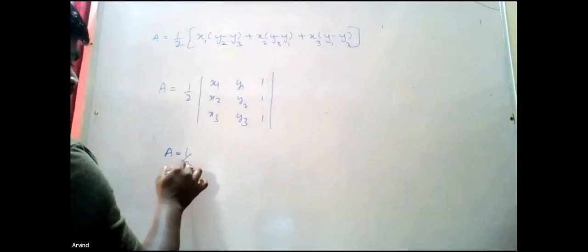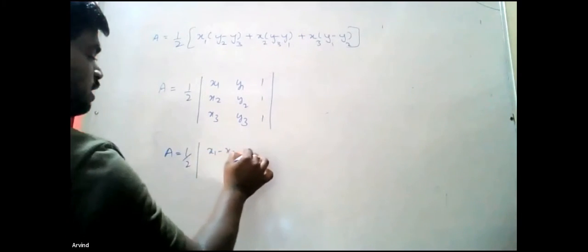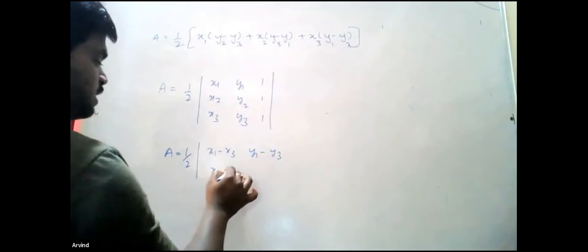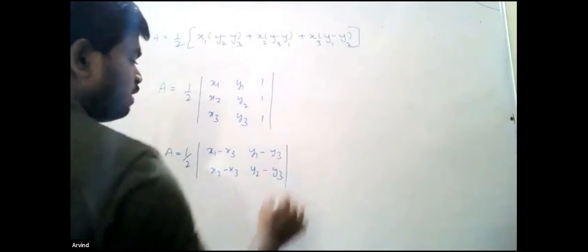Okay, you can simplify this further if you want: half, x1 minus x3, y1 minus y3, x2 minus x3, y2 minus y3. Remember whichever you like. So you have to solve using that. Okay, so I hope you have taken this formula.